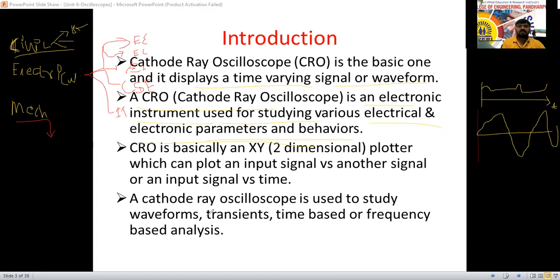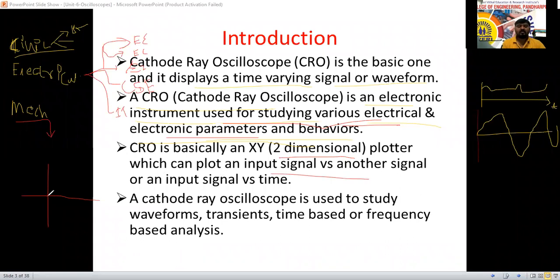Here, we are basically going to use the CRO. CRO is an electronic instrument used for studying electrical and electronic parameters and their behavior. We are going to identify its behavior, and CRO is basically an XY, two-dimensional plotter, which can plot an input signal versus another signal.